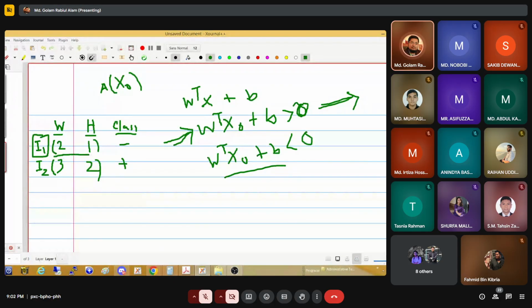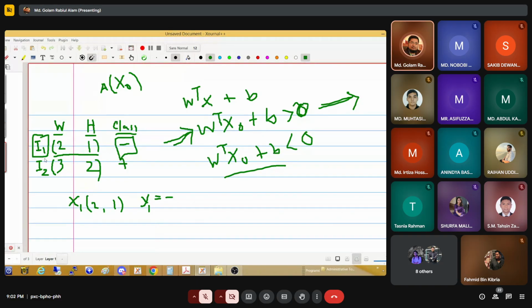If we consider the first individual, these values are our x1, and x1 consists of two values, 2 and 1, this vector. Then this is our class label, which we can consider our y1, and y1 in this case is negative.